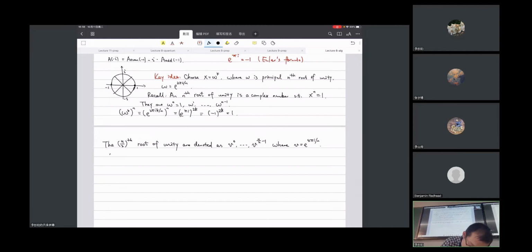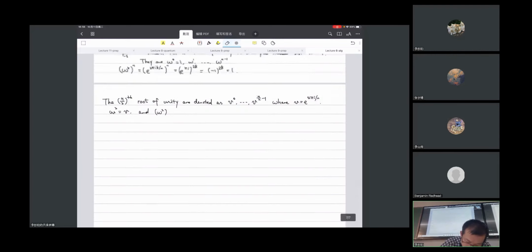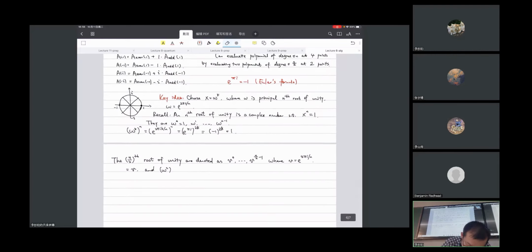So in this case, omega squared equals v, and omega squared to the kth power also equals v to the k.